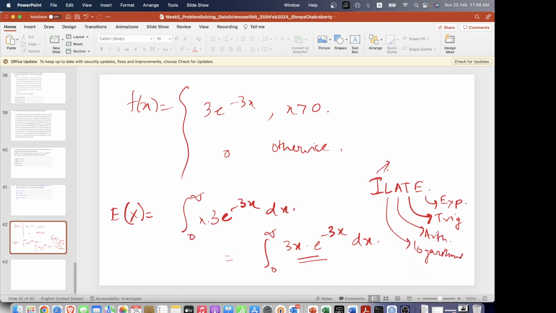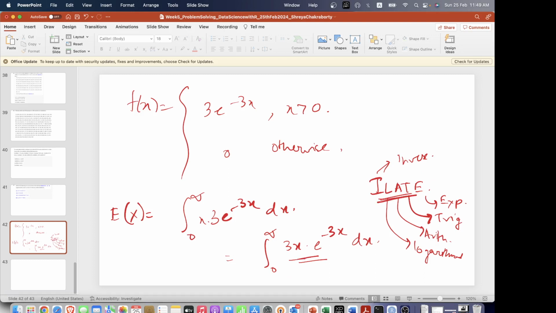I forgot one letter, so I'll just check. Yes, I think this stands for inverse. So you have to remember this method and act accordingly.